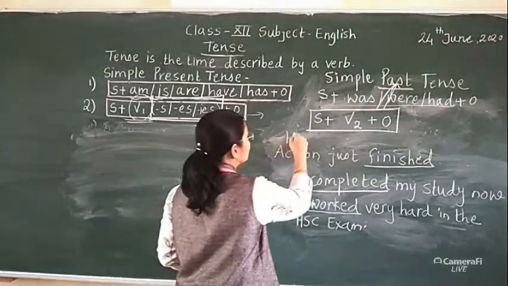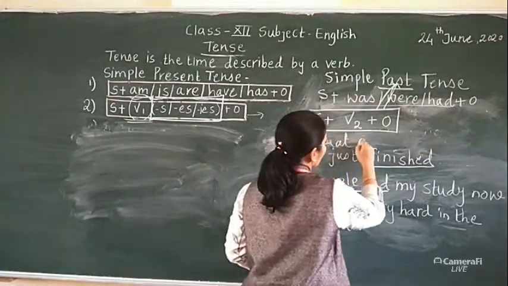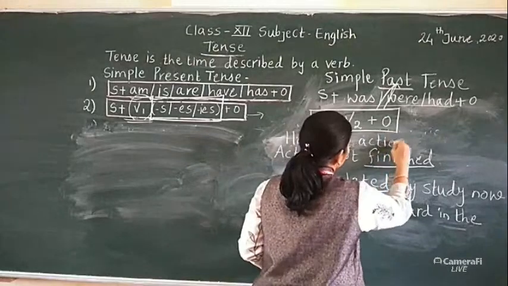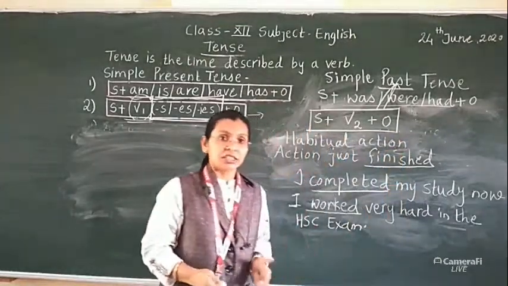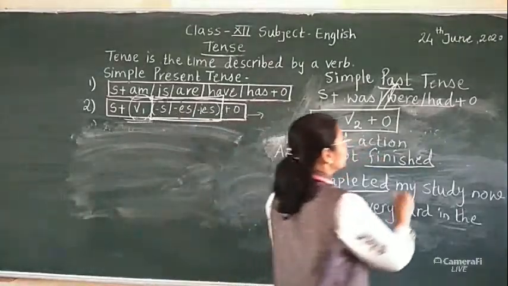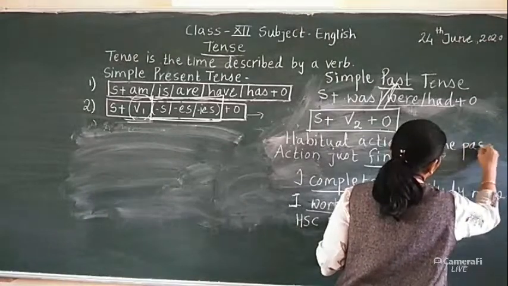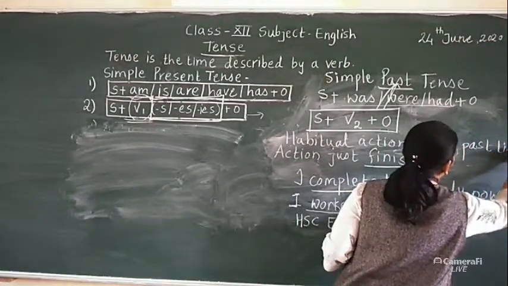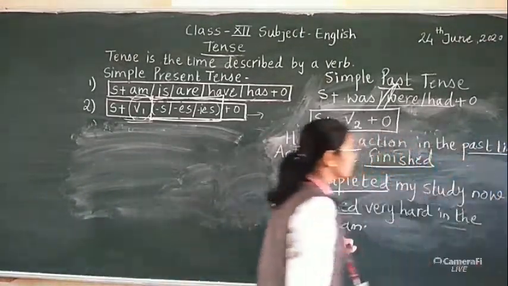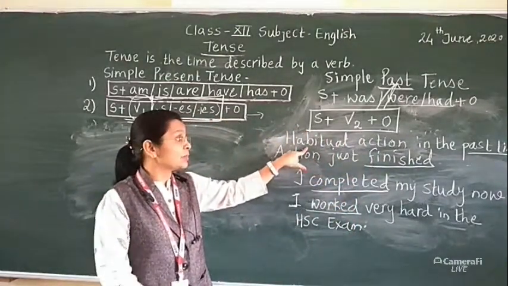As well as habitual action. Habitual action means what? Habitual action, that means अशी action की ती आपण दररोज करतो. But that habitual action should be in the past time. Pay attention here. It should be in the past time. Now it is not started in the present tense.